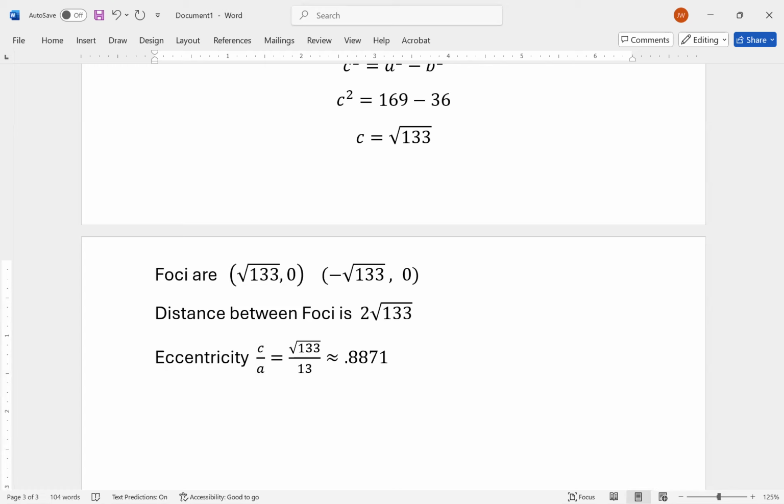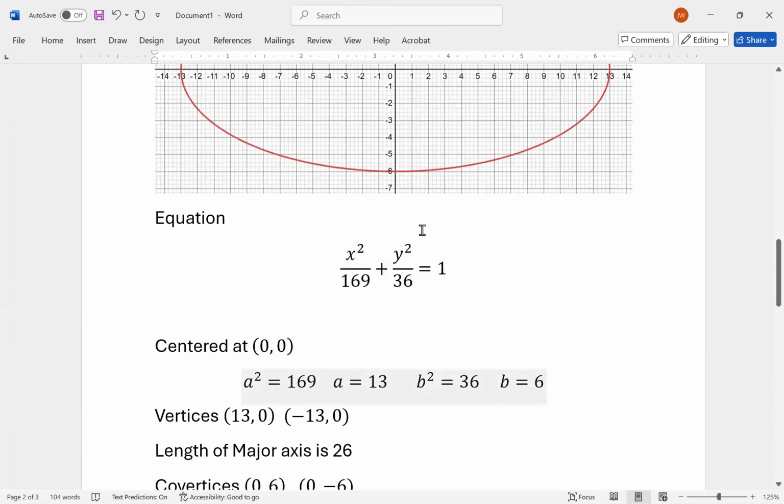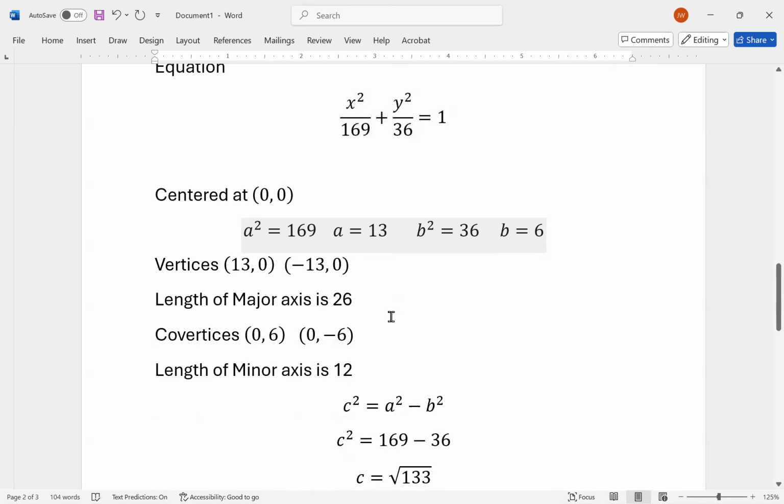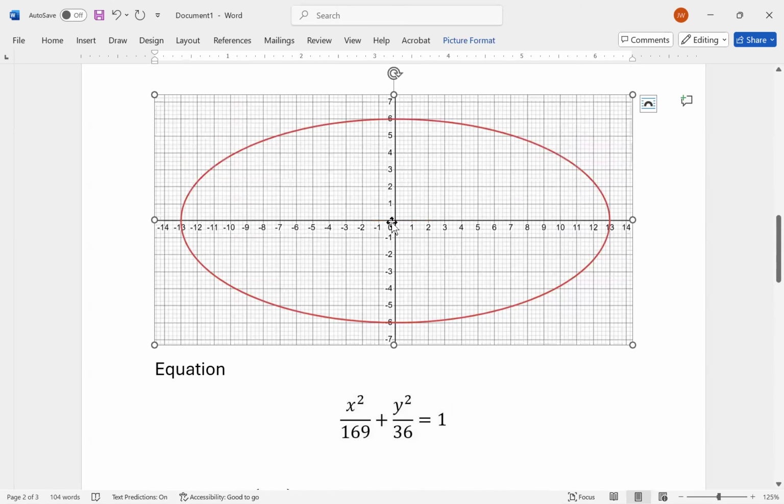Again, we get a number between 0 and 1. So from the graph, we saw how to find the equation of this ellipse and then how to find all of the features of this ellipse just by looking at the graph.